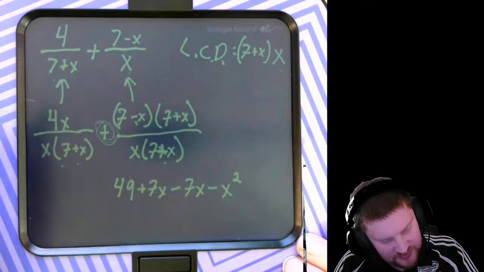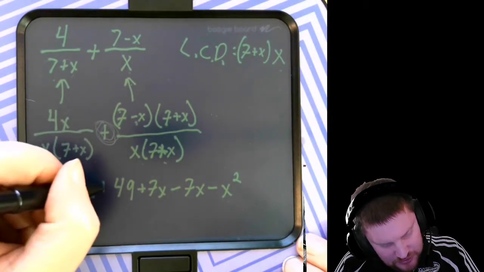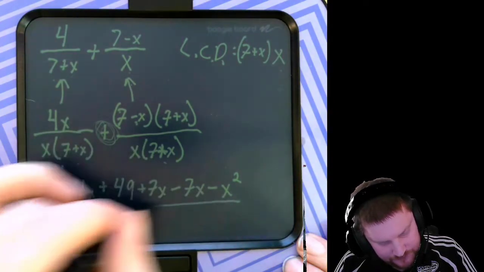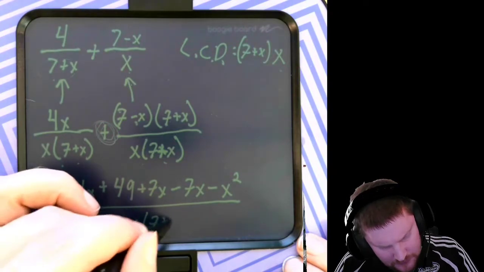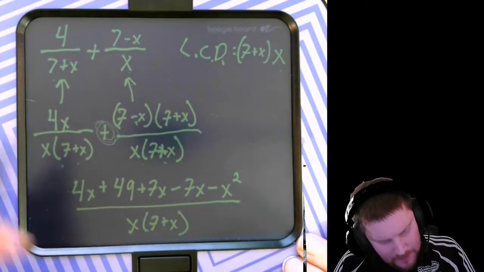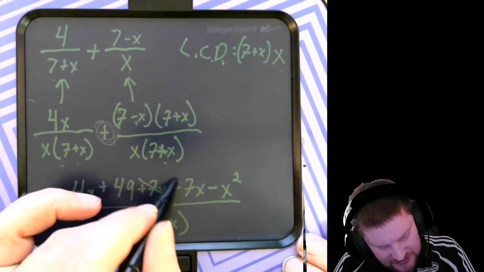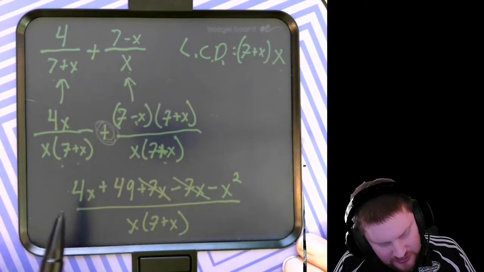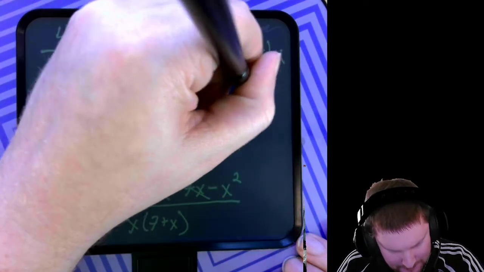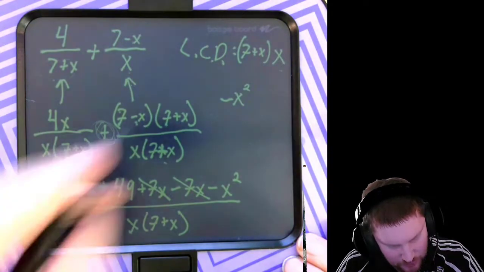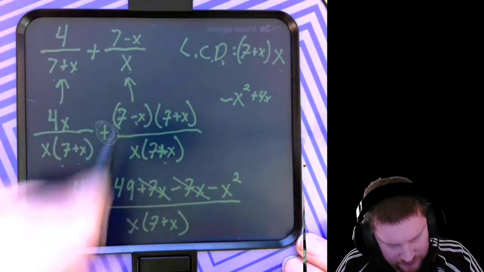We do still have this 4x over here. And we had addition between the two. So we have a plus 7x and we have a minus 7x, so those are going to cancel out. So we're left with negative x squared plus 4x plus 49.